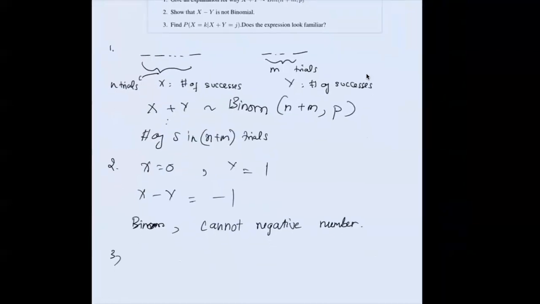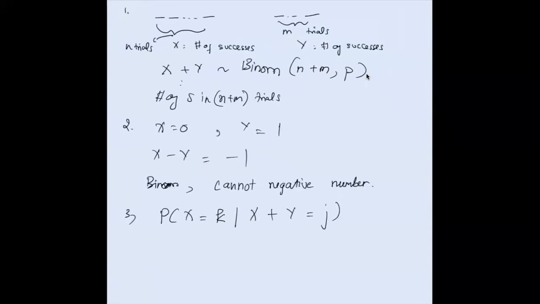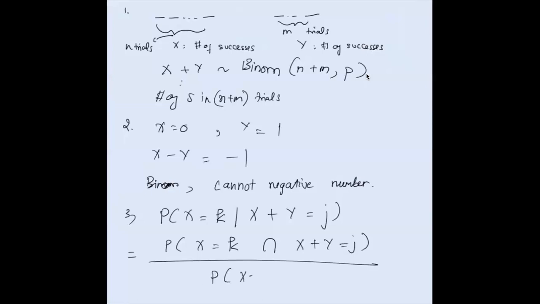The last one, we want to find the probability of x equal k given that x plus y equal j. If we apply the conditional probability formula, we have the probability of x equal k and x plus y equal j, divided by the probability that x plus y equal j, like this.